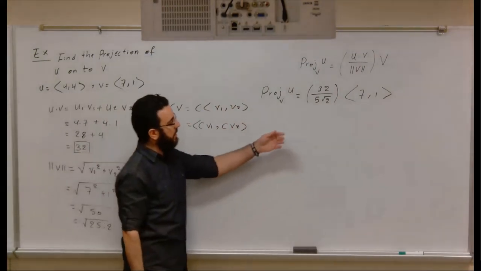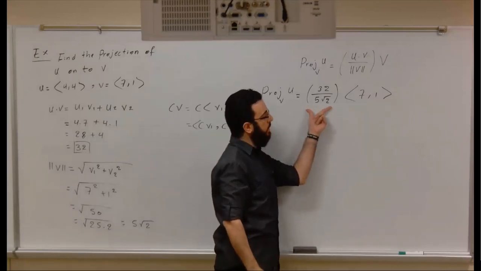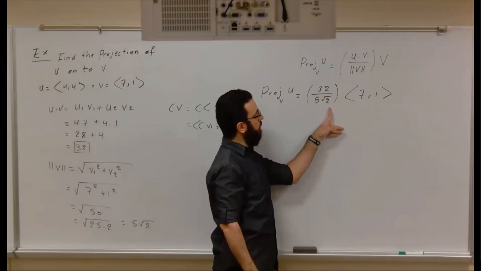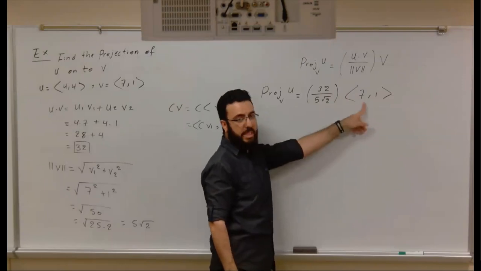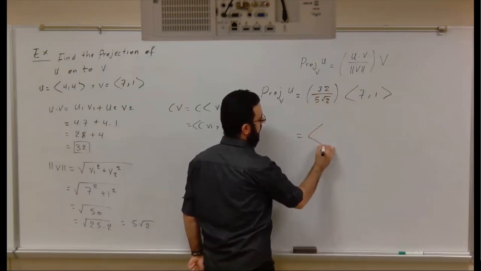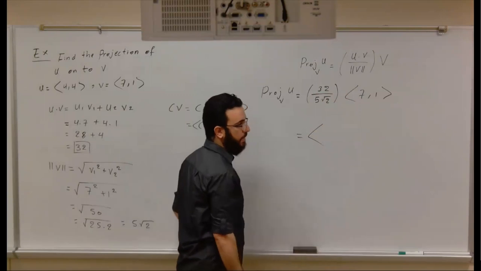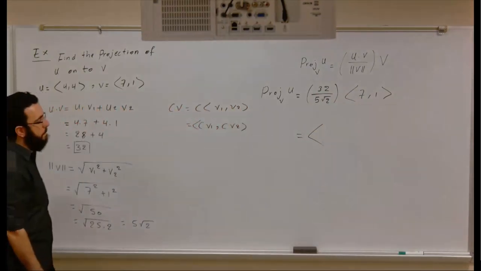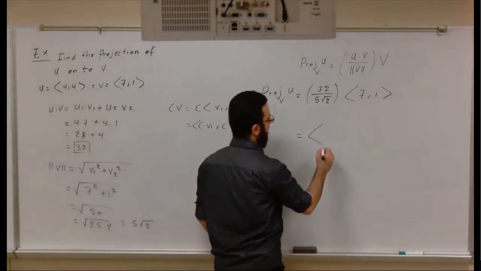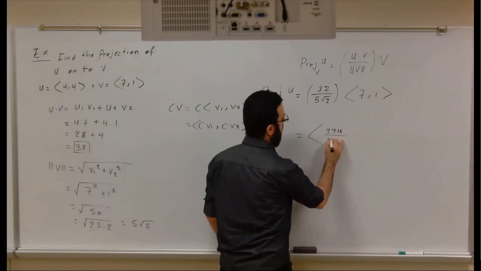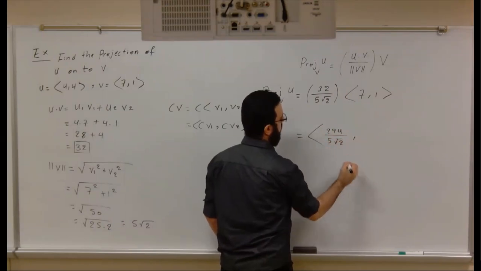So the same thing. This is a number. Don't confuse yourself. 32 over 5 square root of 2 times 7. We're just going to multiply the 7 by 32. How much is that? 224 over 5 square root of 2.